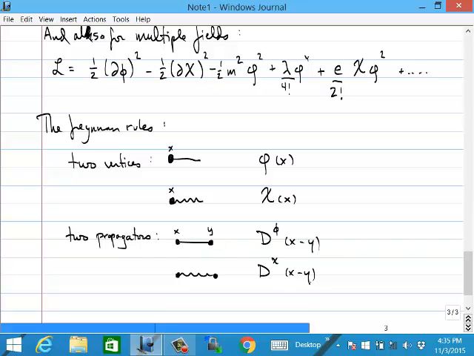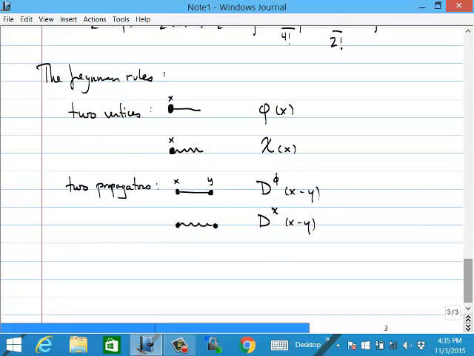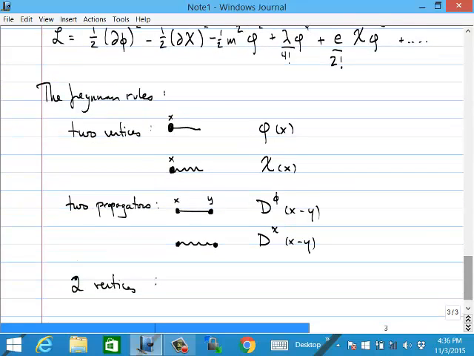And you'll now have two different kinds of vertices. So what sort of vertices do we have? Well, we have a phi to the fourth interaction term. So we have one vertex like that, each of which gives you a factor of the coupling constant lambda.